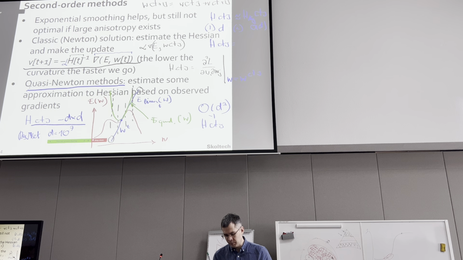Okay. Suppose, okay, let me write it down. So we have the original matrix H, and we can say that it is a matrix of these H_ij, and actually this H_ij is this second partial derivative with respect to w_i and w_j, yes? Yes.